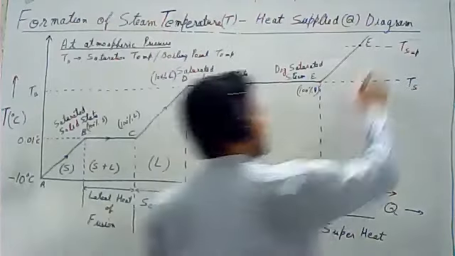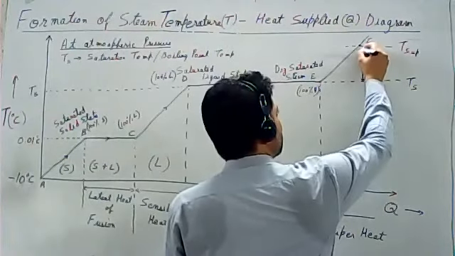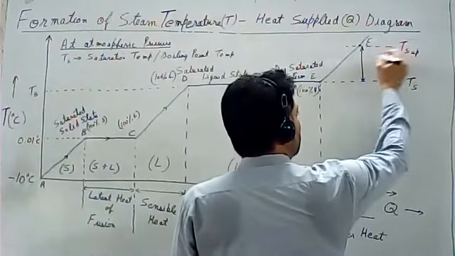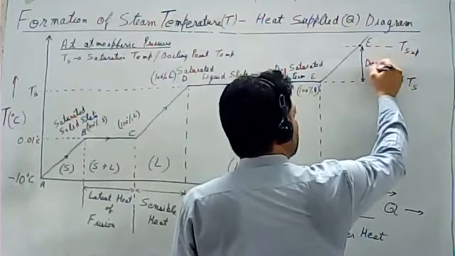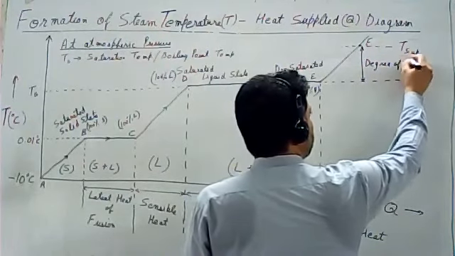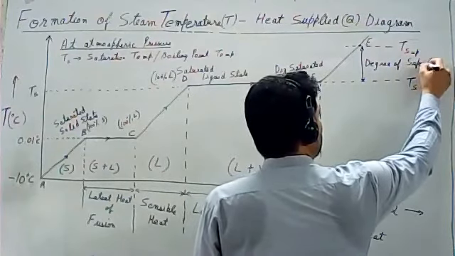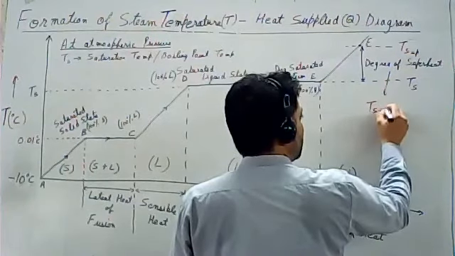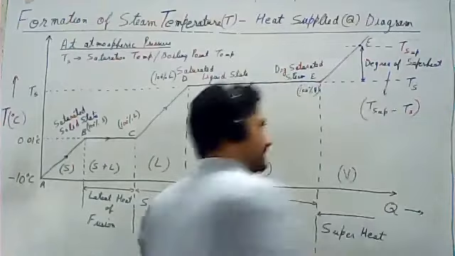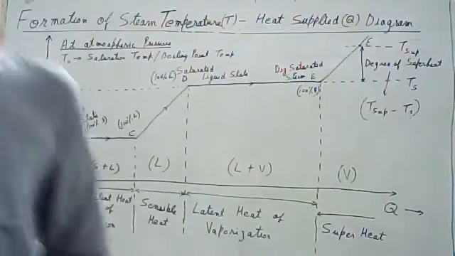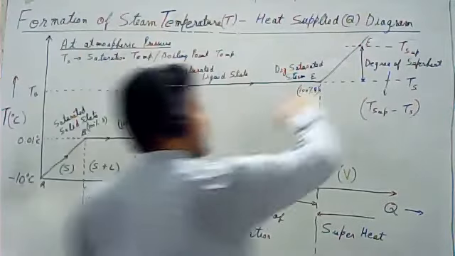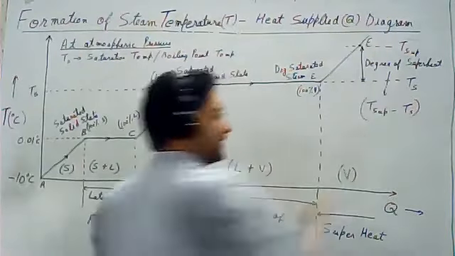This difference between the two temperatures is known as the degree of superheat. The degree of superheat is given by T superheat minus Ts. The more heat we provide, the farther away will be the point F, and the more will be the degree of superheat.